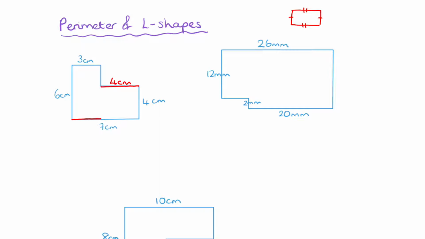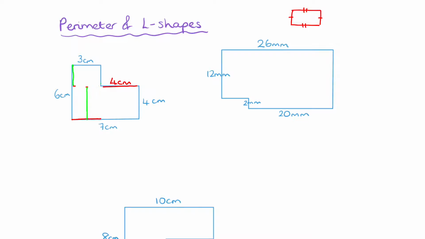Okay, and let's have a look at the other line we don't know the length of here. If we think about that one and the other line that goes right down, and then we start moving these ones around, what we find is that this line here and this line here make 6 centimetres altogether, don't they?